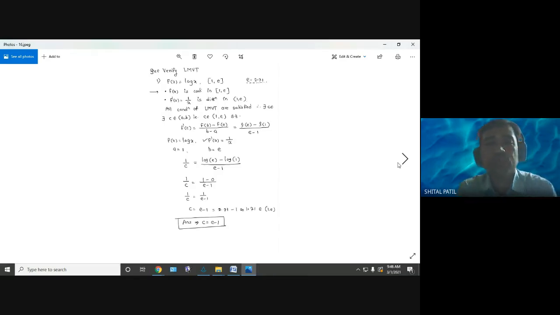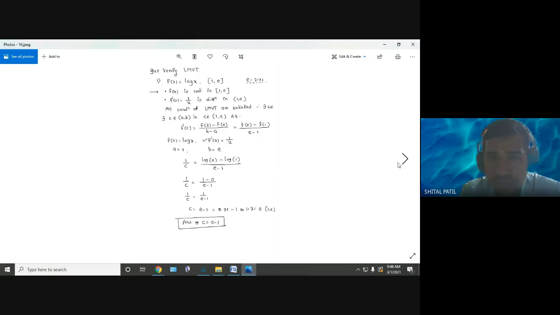The question is to verify the Lagrange's mean value theorem for different functions. First was f of x equal to log x. The logarithmic function is continuous except at x equal to 0, but x equal to 0 is not included. Then f dash of x is 1 upon x, which is again differentiable in the open interval (1, e).